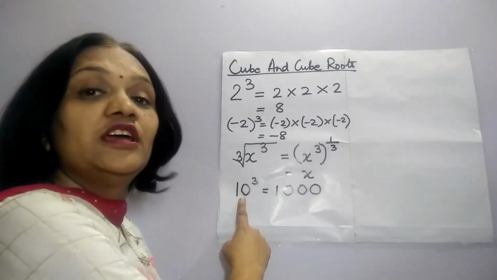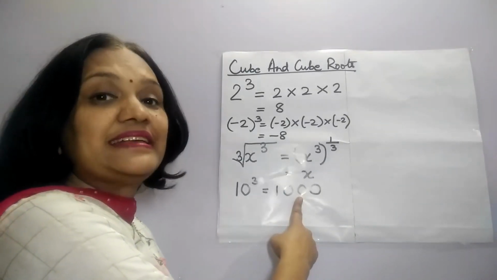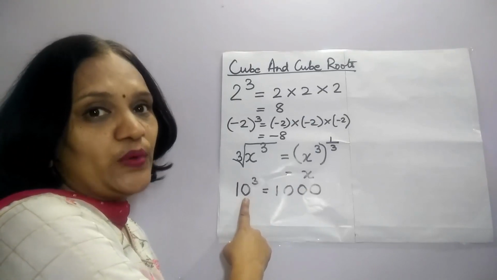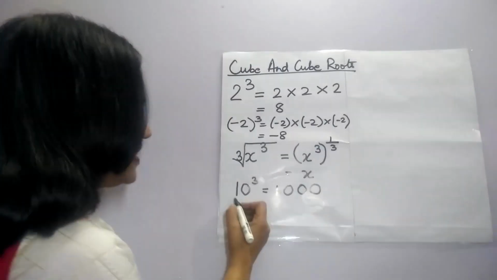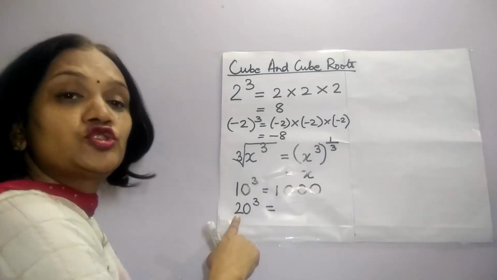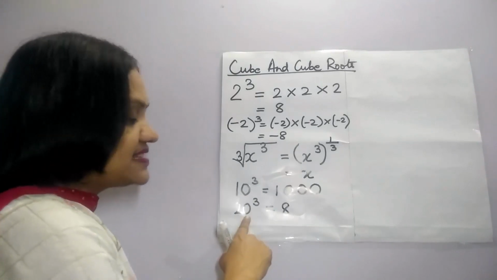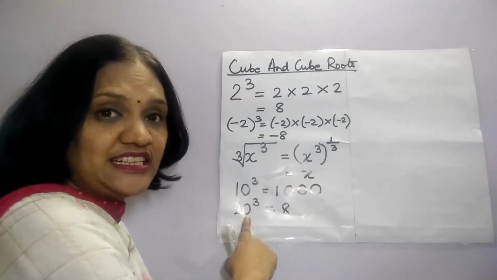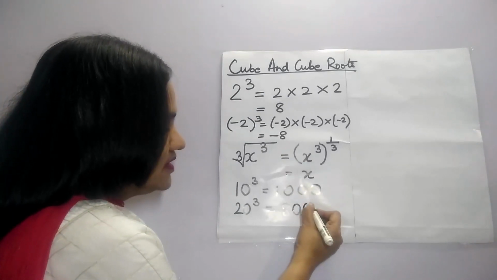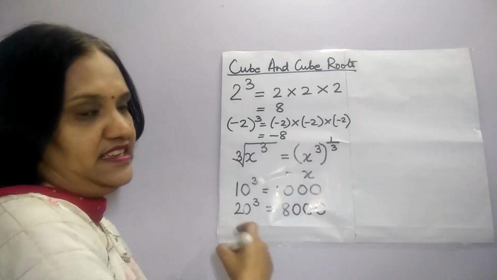So when we cube a number, the number of zeros gets tripled if the number is ending with a 0. What will be 20 cube? Now 2 cube is 8, and since the number is ending with a 0, there will be 3 zeros in the cube of 20.